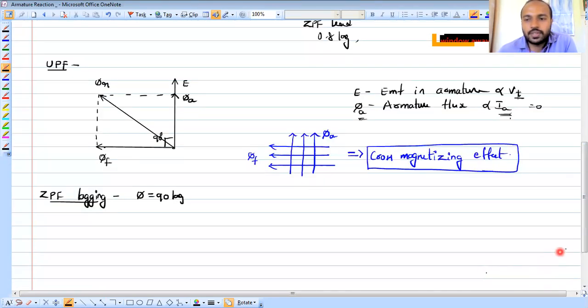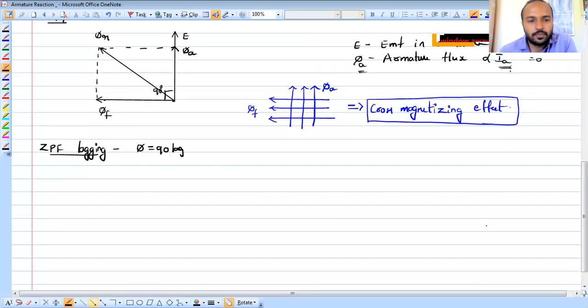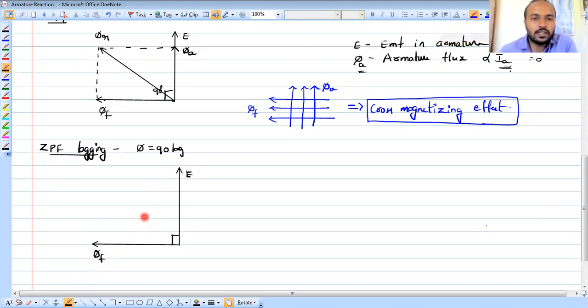If you represent the phasor diagram, same phasor diagram again, initially we know always our magnetic field and induced EMF have a relation of 90 degrees. This phi f leads the induced EMF by 90 degrees. And now we are saying zero power factor lagging. So now our armature flux lags this E by 90 degrees. That is the meaning of zero power factor lagging.